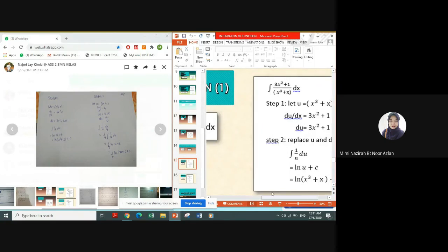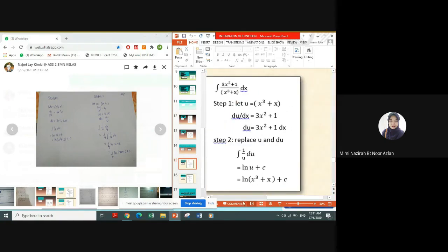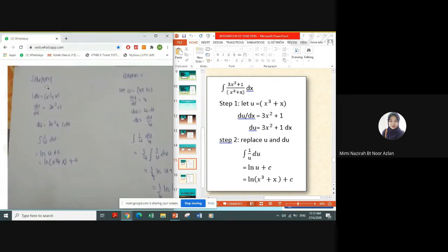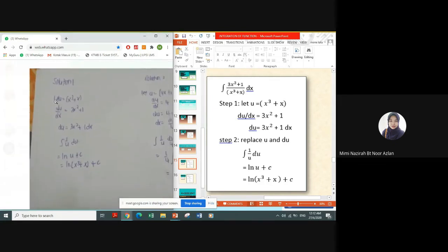Here is the solution for number 1. The integral of 3x square plus 1 over x cubed plus x dx. Let's check the answer for the first question.